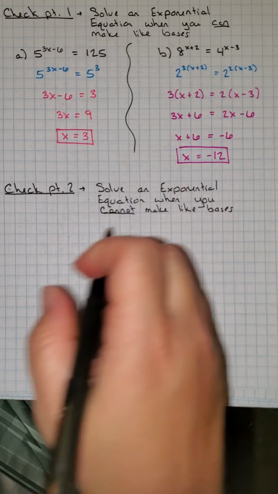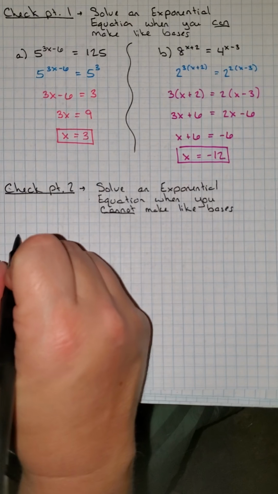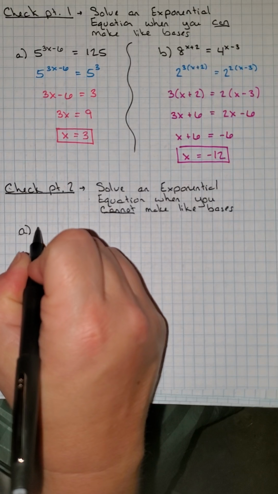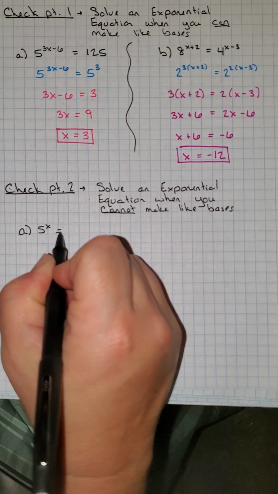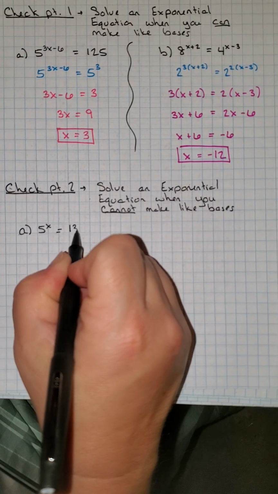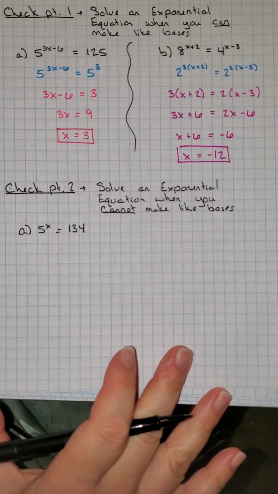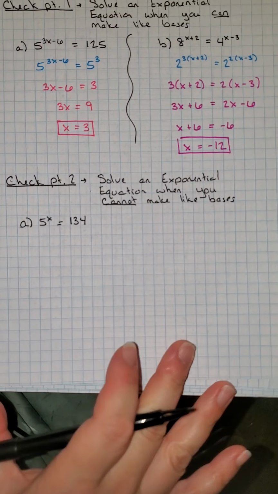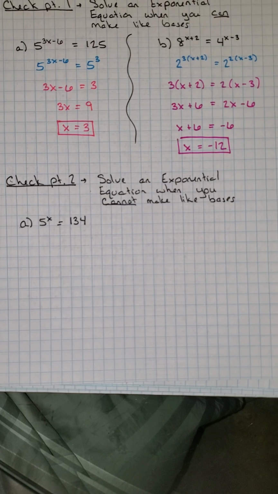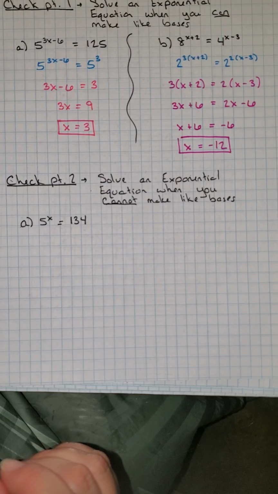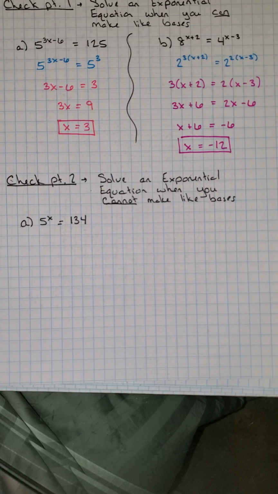For problem A, we have 5 to the x equals 134. So we cannot raise 5 to a power to get 134. So we're going to have to use logs.